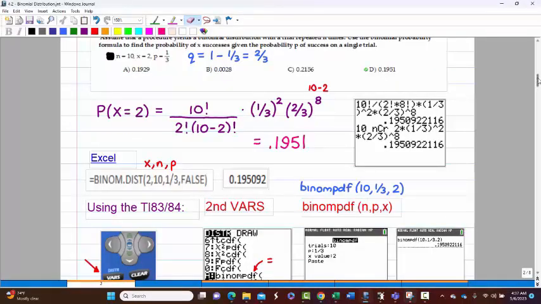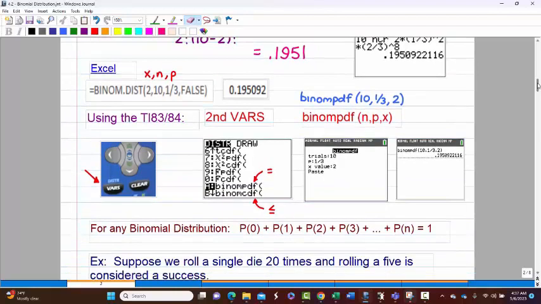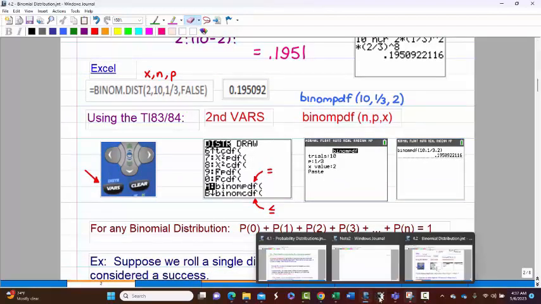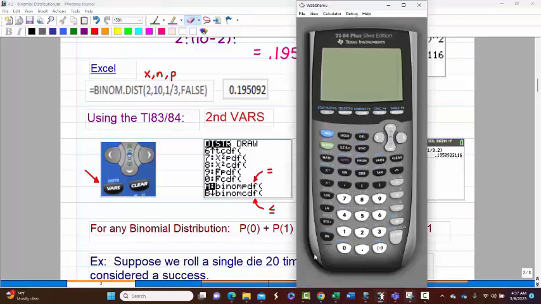In the calculator, you go second, and you hit this vars button right here, because right above vars in blue is the DISTR you see there. So you hit second, vars, and it brings up the DISTR. We scroll down.